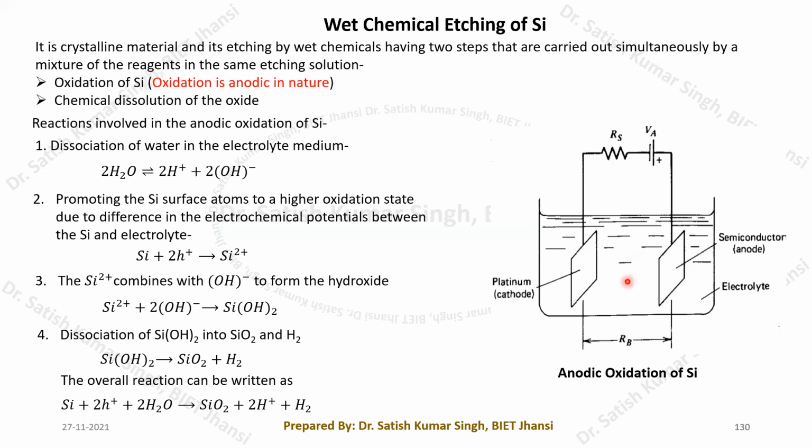The Schottky barrier that we found: here the electrolyte solution acts as a metal and the semiconductor acts as a semiconductor. So metal semiconductor junctions generally form a Schottky junction.